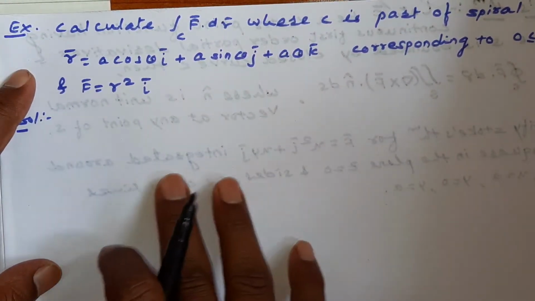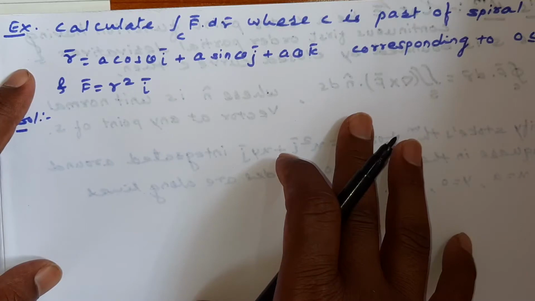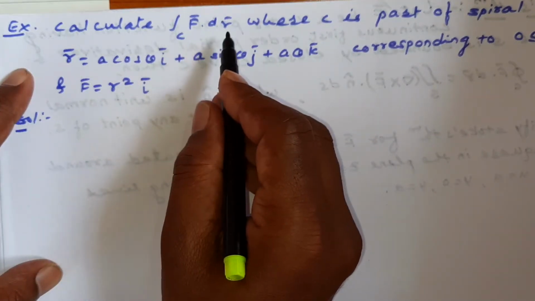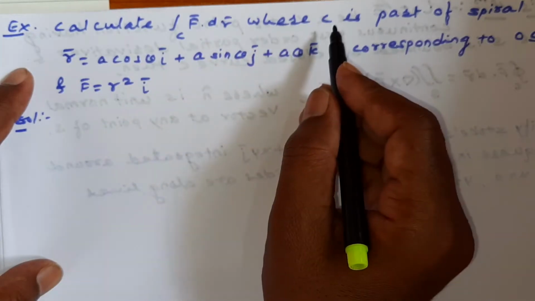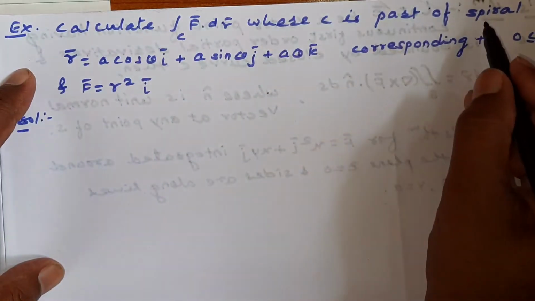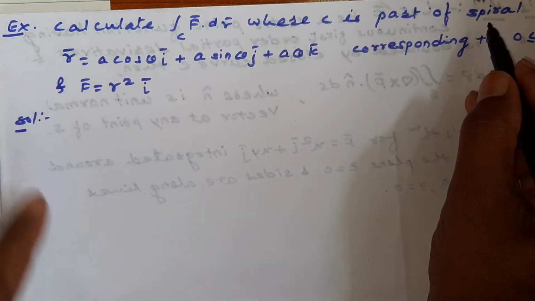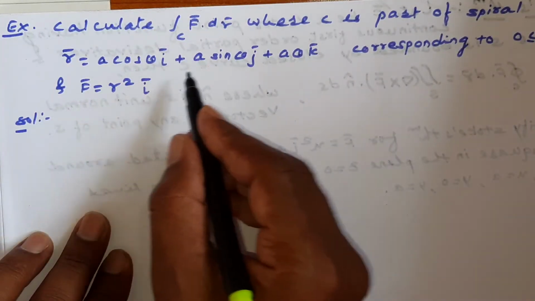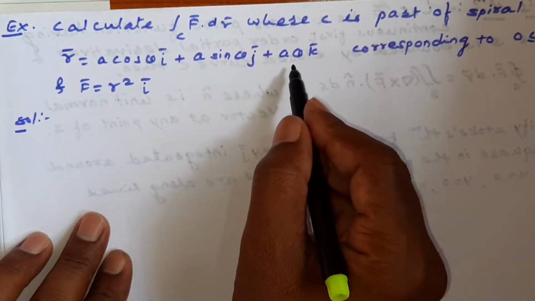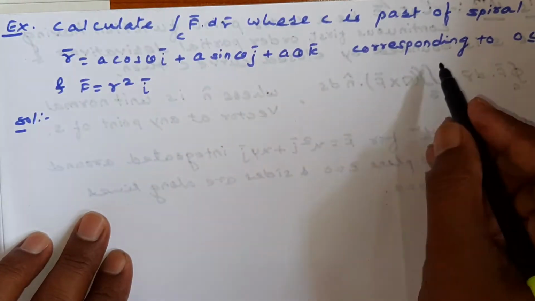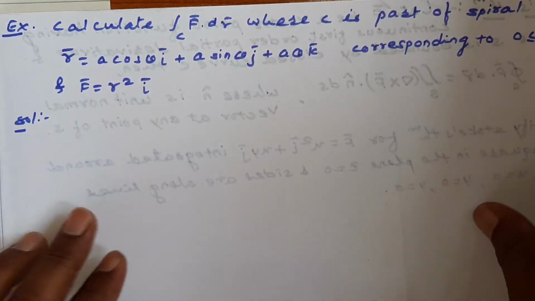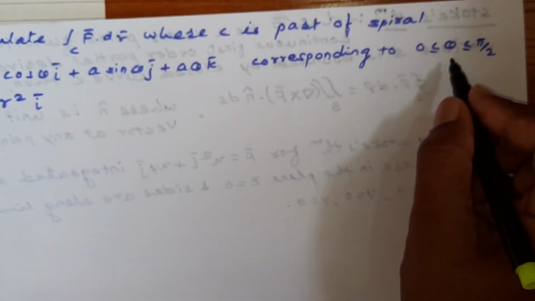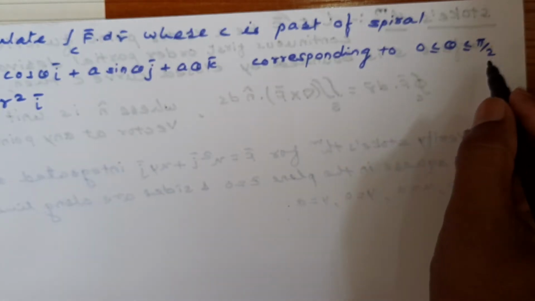Here is the next example on line integral. Calculate the integral over C of F bar dot dr bar, where C is the part of the spiral r bar equals a cos theta i bar plus a sin theta j bar plus a theta k bar, corresponding to 0 is less than or equal to theta is less than or equal to pi by 2.